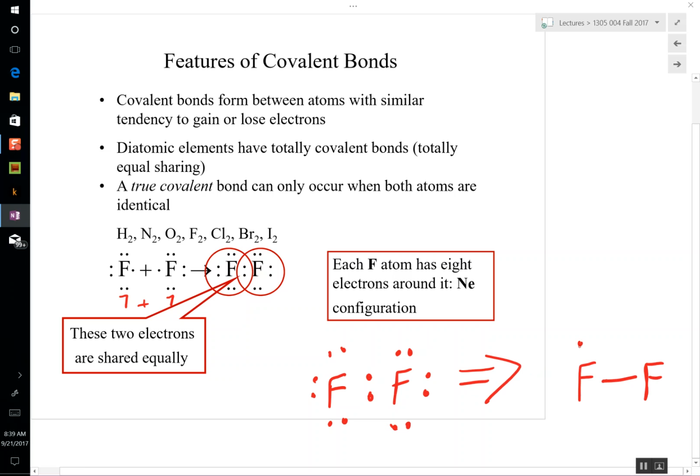And then really, to represent this properly, I'll put the non-bonded pairs of electrons still around the 2 fluorine atoms. And I can still count it, 2, 4, 6, 8, 10, 12, 14. Whenever I see a line, I know that that's representing 2 shared electrons.